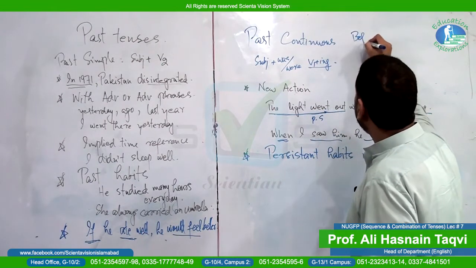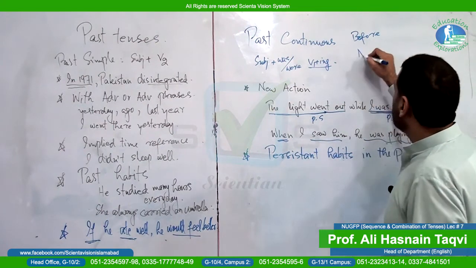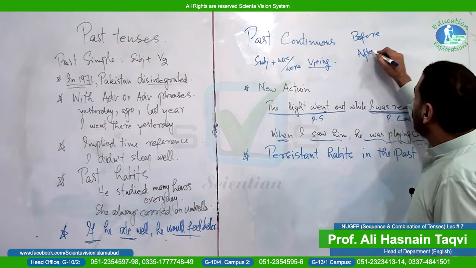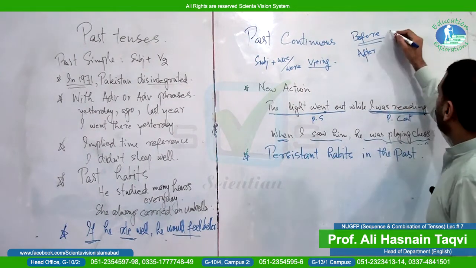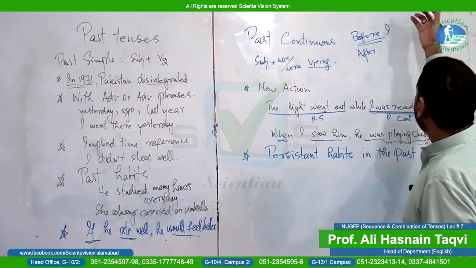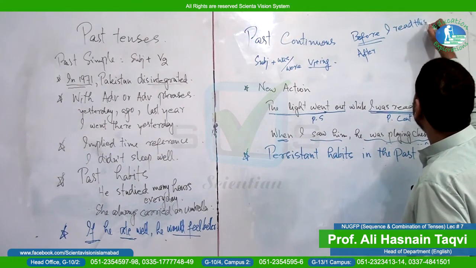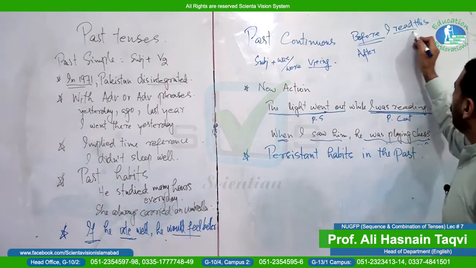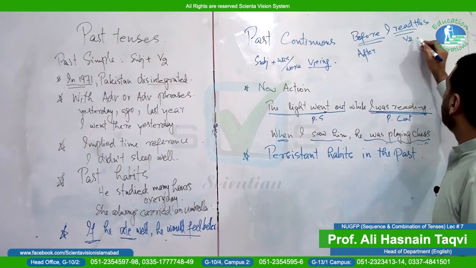One is the use of before in sequence of tenses. The other is after. When you have before in a clause, before he or before I read this, we are sticking to past simple. This is V2, okay?